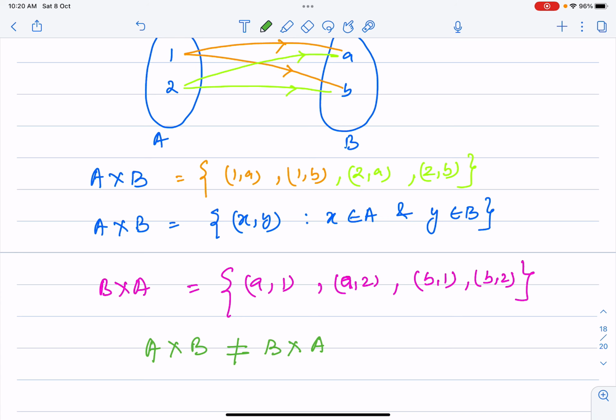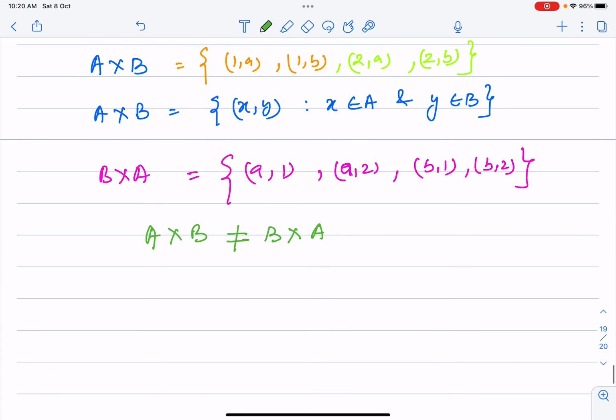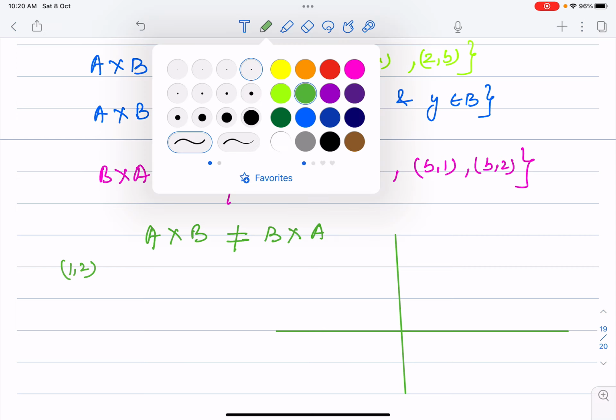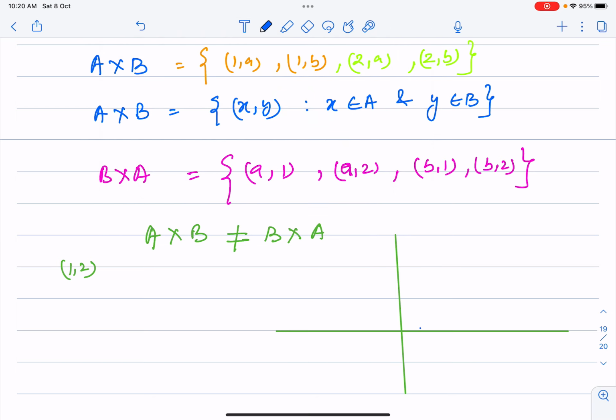Now we can understand this very well. For example, in our junior classes, we plot the points on the Cartesian plane, right? Suppose I write 1 comma 2. Now if I want to plot it, let this be 1, this is 1, 2, so the point is over here. This point is 1 comma 2.